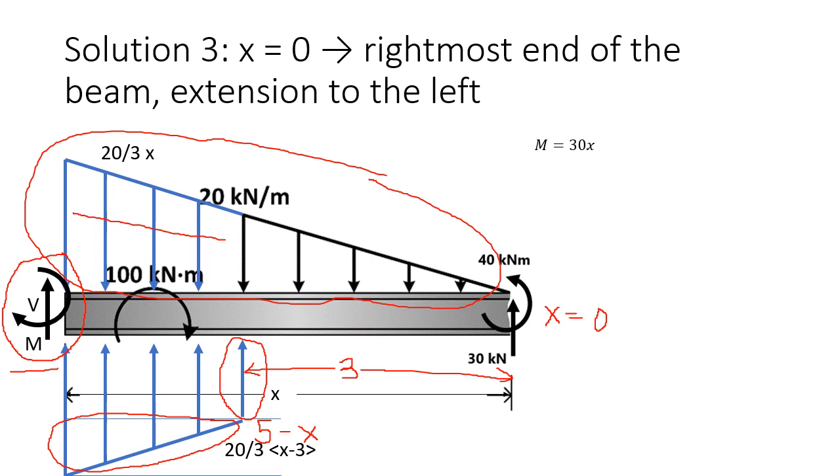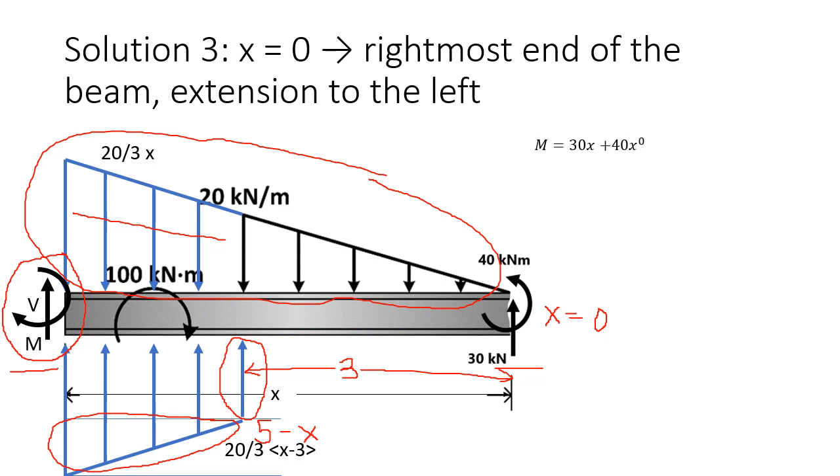And the forces that would cause a clockwise moment about the section would give you a negative bending moment. So here, the 30 kilonewton load would cause a counterclockwise moment about the section. So you have 30 times x, positive.